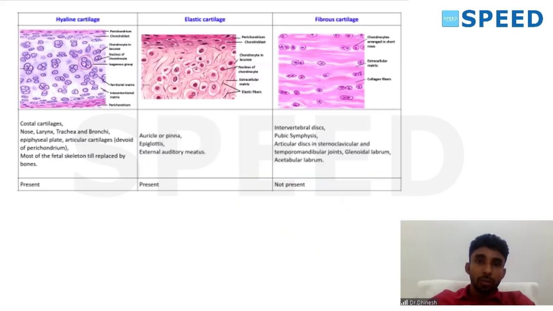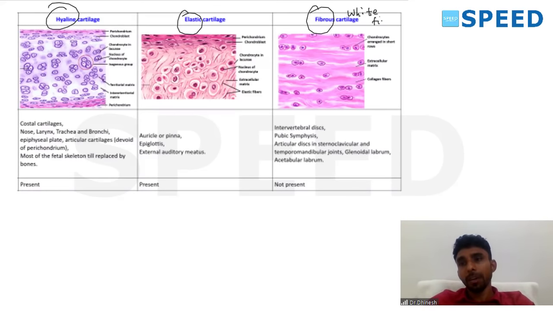The slide is showing the comparison of the three types of cartilage. Fibrocartilage is also called white fibrocartilage, and elastic cartilage is called yellow elastic cartilage.